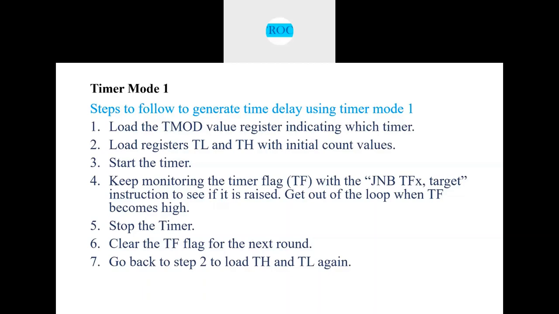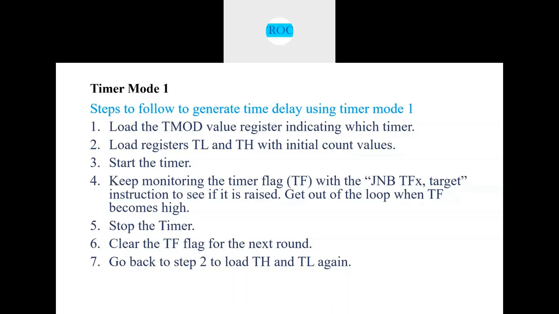Next, the fourth step is to keep monitoring the timer flag TF with the JNB TFx, target instruction to see if it is raised. Get out of the loop when the TF becomes high. Now keep on monitoring the timer flag. In the third step we have started the timer, so the timer bit is set and timer 0 or timer 1 is receiving the clock signals.